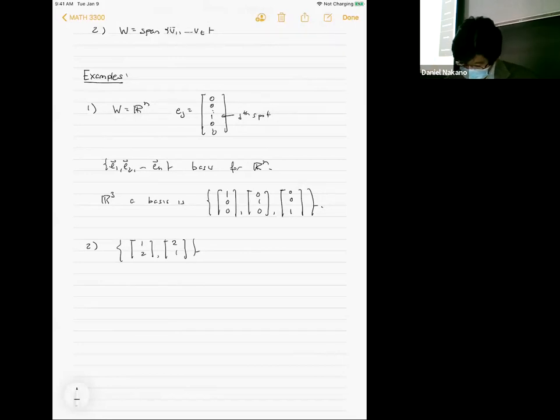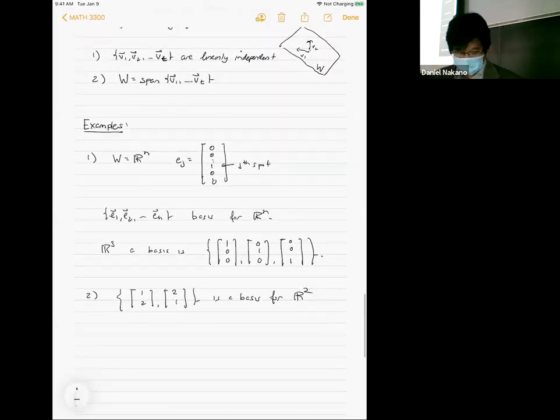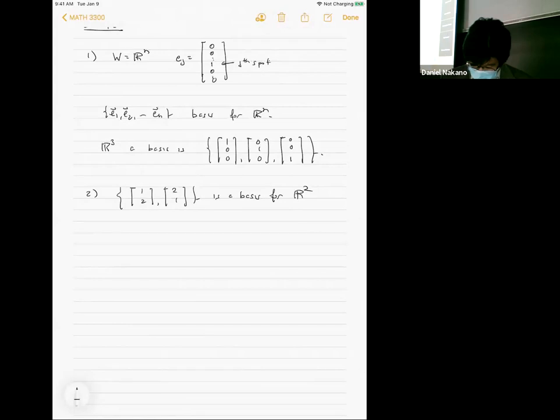So this is a basis for R2. Okay. All right, questions on this? No? Okay.